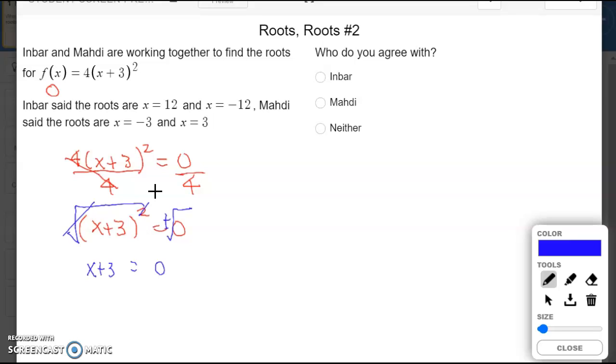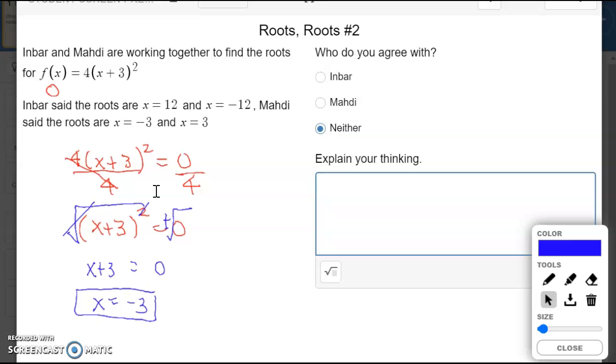That means from here I have x plus 3 is equal to 0. So I'm going to bring 3 to the other side by subtracting 3, and you get x is equal to -3. Now, Imba said 12 and -12. My only solution is x is equal to -3. Not even positive 3 and -3. It's just one solution. So I am going to say it is neither.